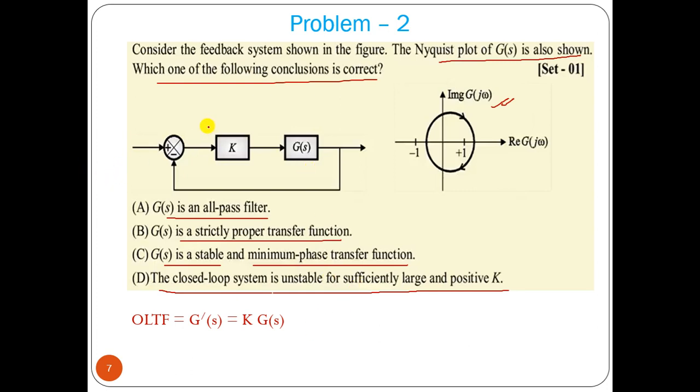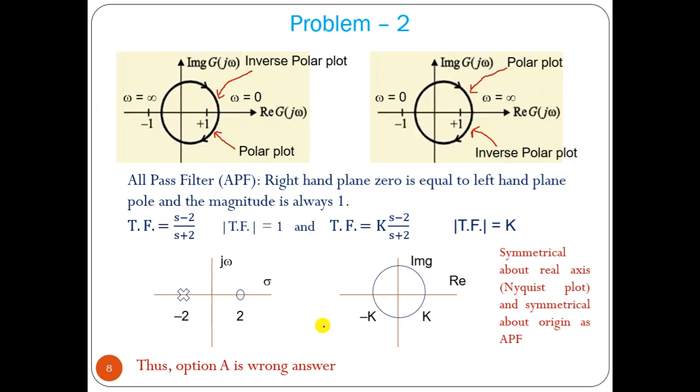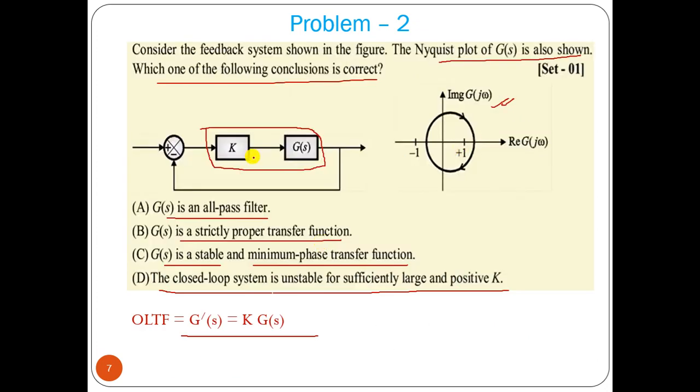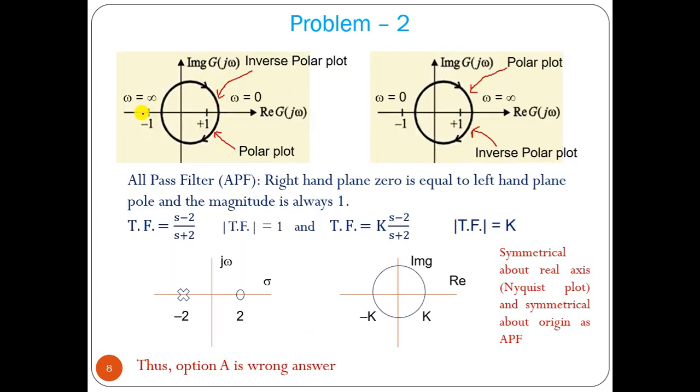Now from this we can find the open loop transfer function, say G dashed(s), that is k into G(s). Now if this is your Nyquist plot, we can find one plot that starts from omega equal to 0 this way and reaches omega equal to infinity.